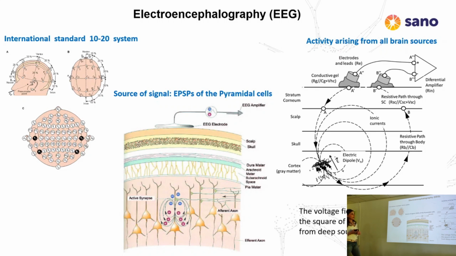So each electrode captures a signal arising to some extent from all the brain sources, depending on the distance between the source and the sensor and on the orientation of the equivalent dipole.